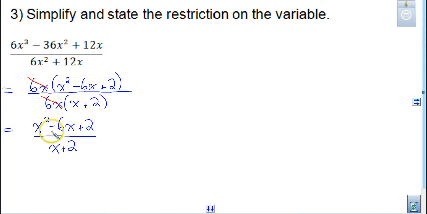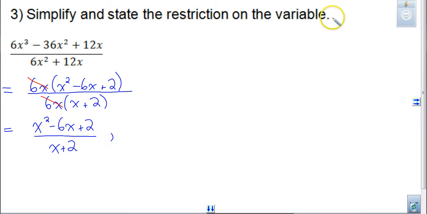Are there two numbers that add to -6 and multiply to +2? The answer is no, it cannot be factored any further, but it's a good thing that we checked because sometimes we can further factor this trinomial and then maybe it could even cancel out this denominator. But in this case, this is as far as we can get. That is our simplified expression.